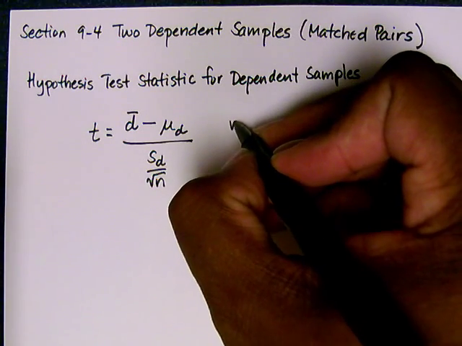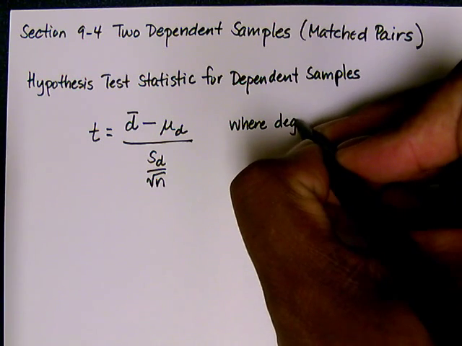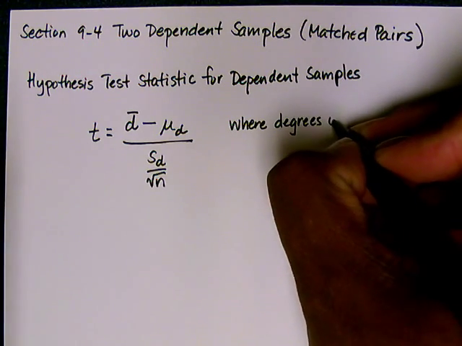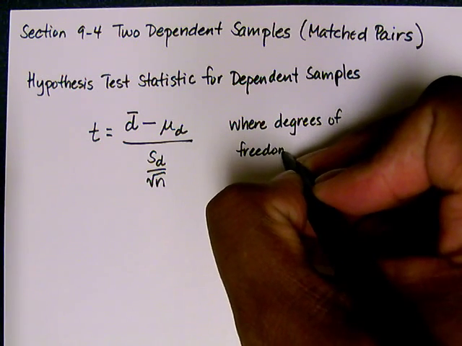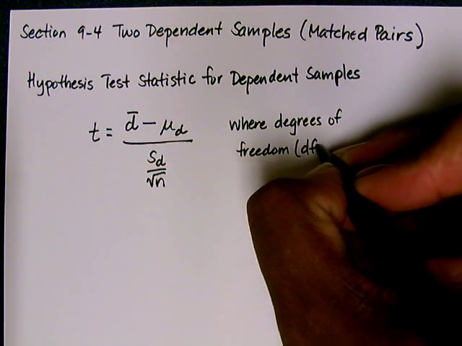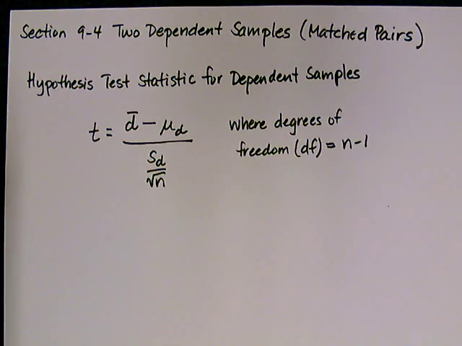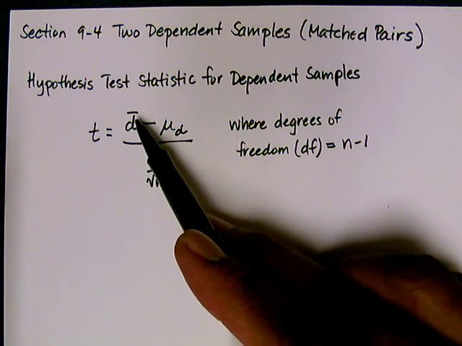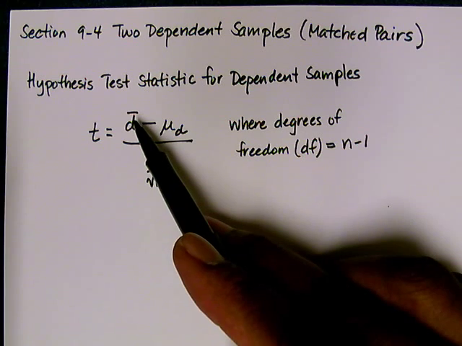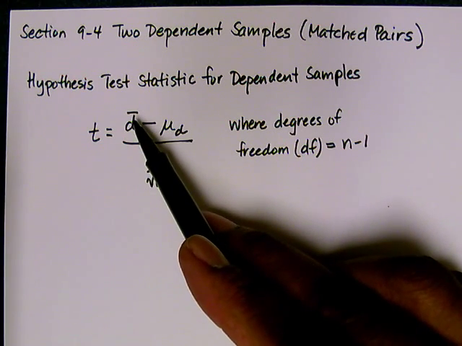Okay, now this test statistic will be used where the degrees of freedom is df equals n minus 1. So you're going to have n minus 1 degrees of freedom here. And of course your d bar is going to be your sample mean of your differences.